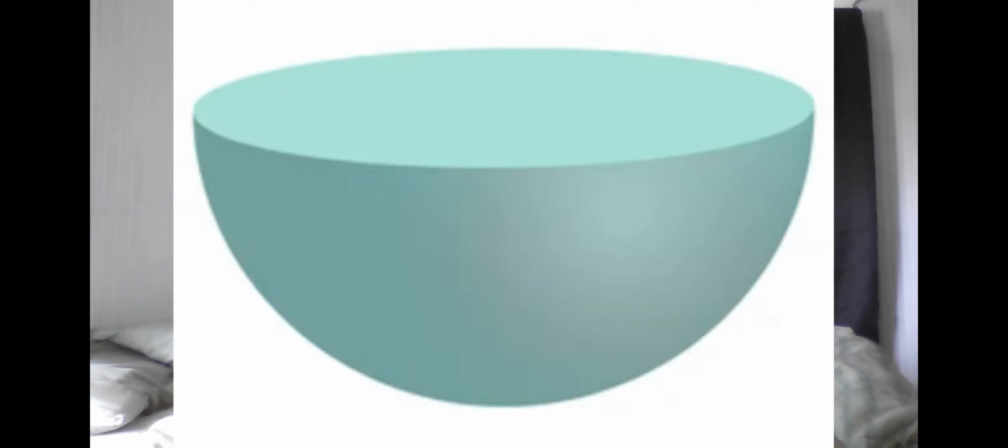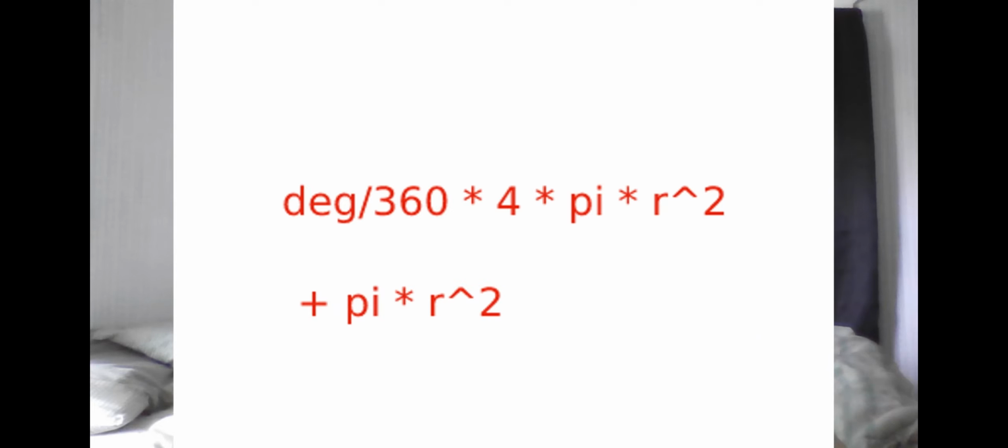Since we have figured out the volume of a sphere sector, we should be able to guess that the surface area would follow the same pattern, i.e., that the surface area of the hemisphere would be 180 divided by 360 times 4 pi r squared plus the flat circle that constitutes the sliced area.